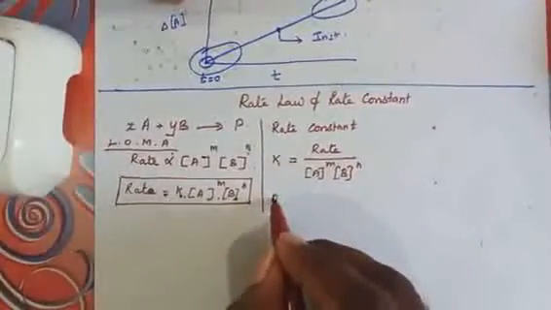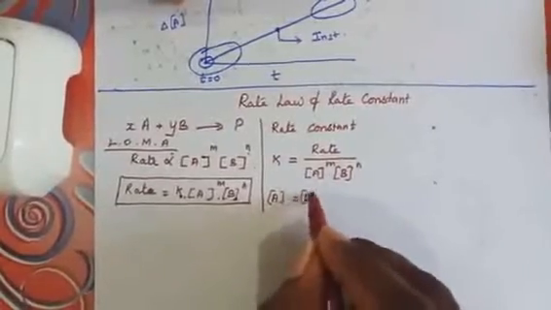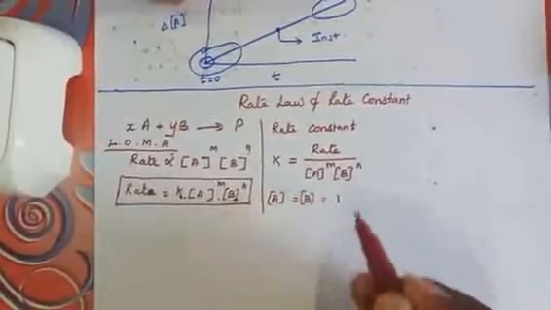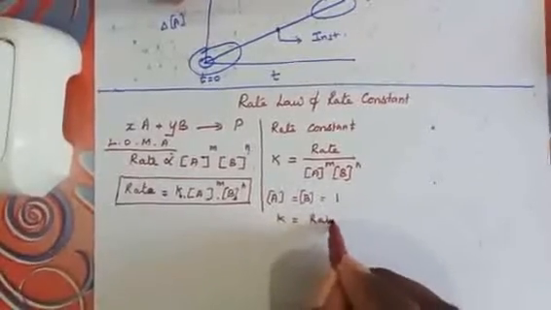If the concentrations of the reactants A and B are unity, the rate constant is equal to the rate.